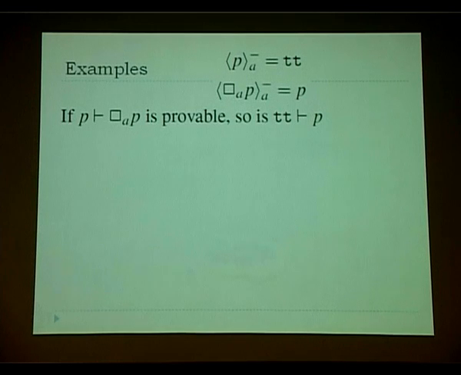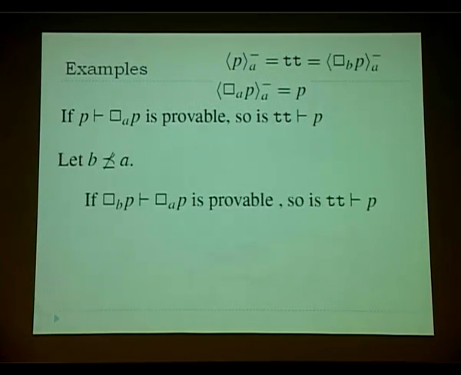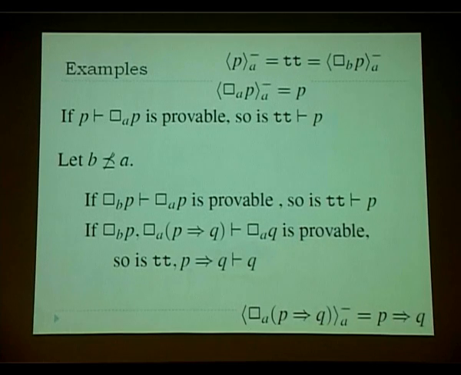The translation of P is true, the translation of box A P is P. So what my theorem says is that if I can deduce box A P from P, then I must be able to deduce P from true, but now in intuitionist propositional logic. And now I know that's not true, so this is how I deduce non-provability. Okay? And one can use this in a series, with a variety of examples. This gives you a sense for it.